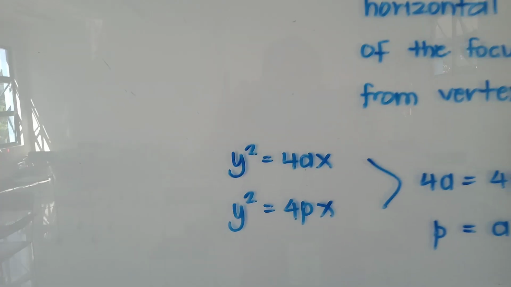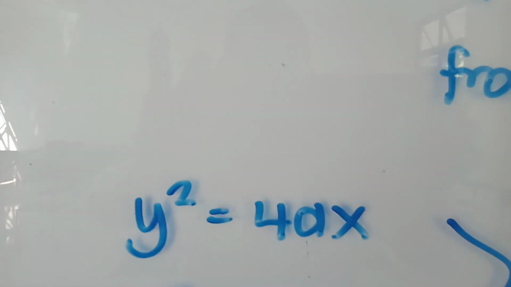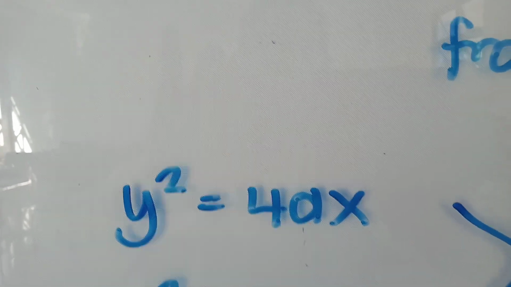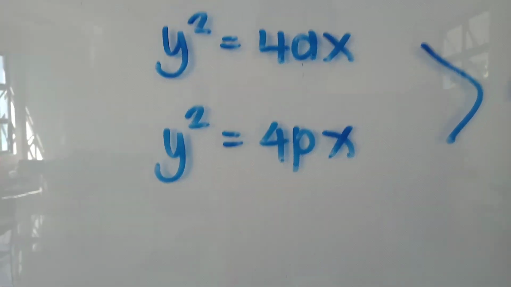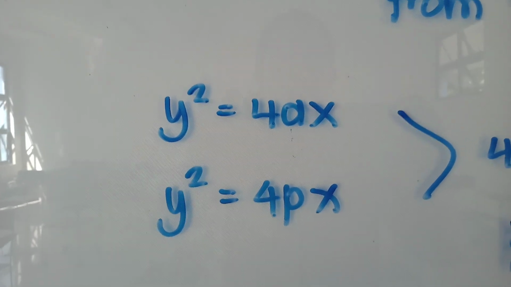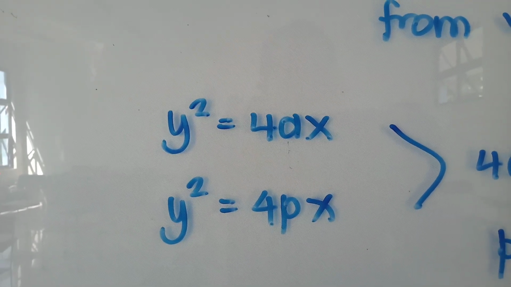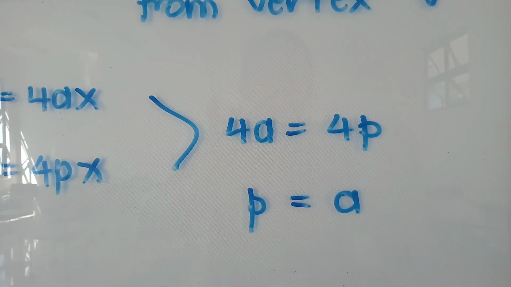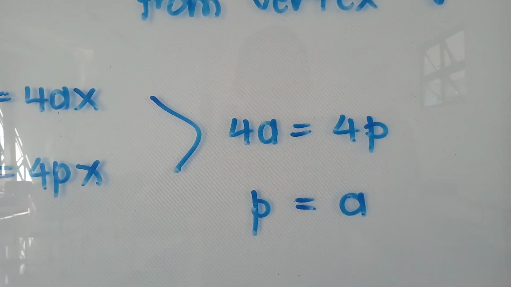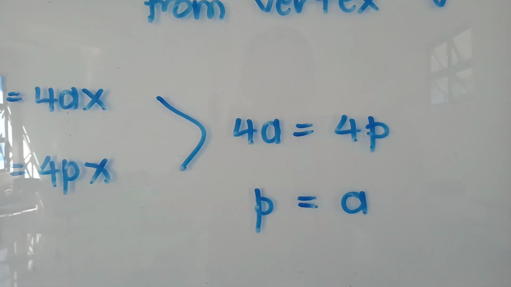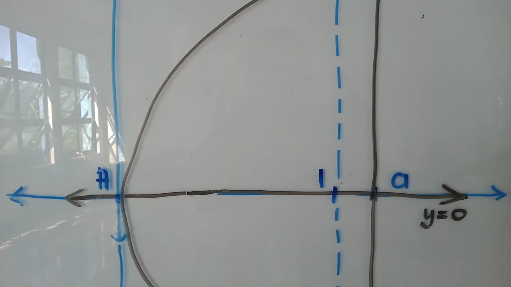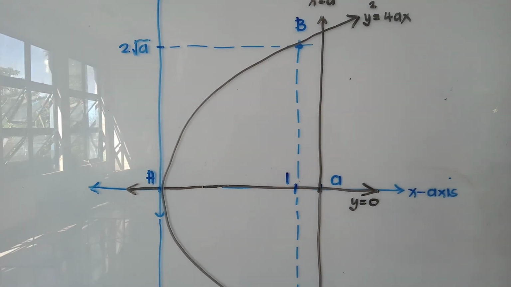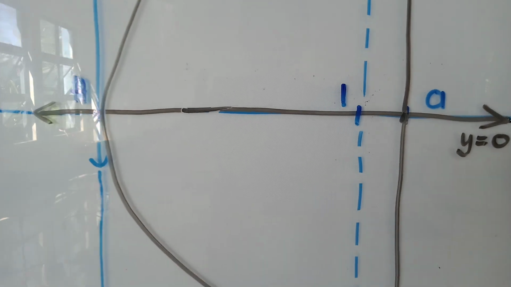In comparing the two, the equation of the parabola as one of our boundaries and its standard equation, we can easily determine that 4a is equal to 4p, or the distance of V from F is going to be equal also to a. Alright, since the length of a is arbitrarily chosen, we may plot it anywhere we wanted.